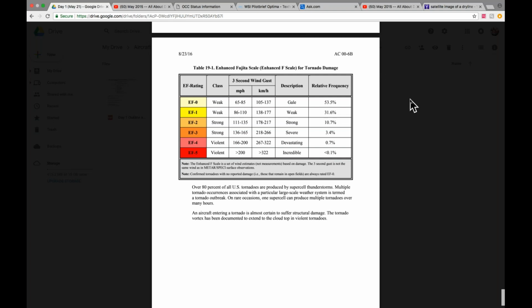Something else that's kind of interesting is that these F5 tornadoes have a surface area of upwards of 5 miles wide. It's extremely huge, all-out destruction.